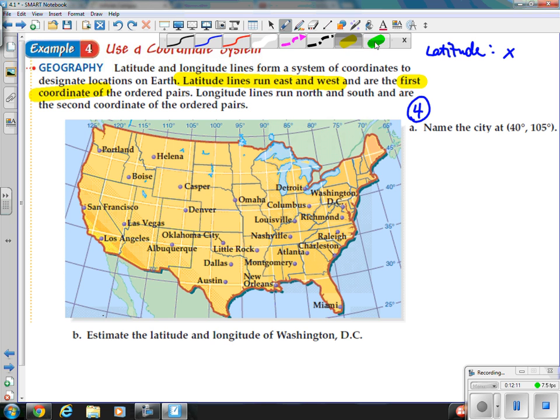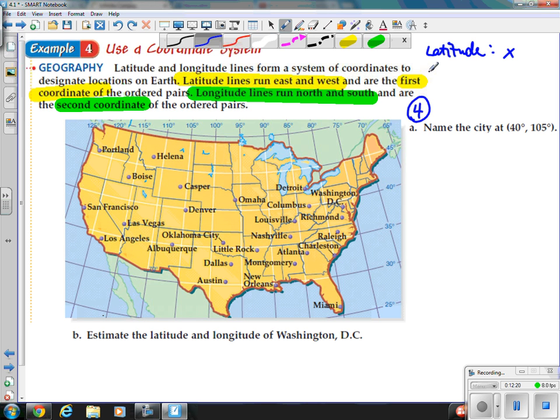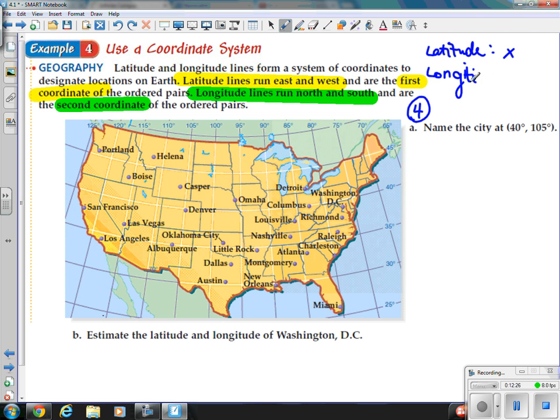Alright, then our longitude runs north to south. So north and south are up and down, and it's the second coordinate just like our y value. So longitude is our y, like our y-axis. There we go. So once we've picked out which one is which, part A says name the city at 40 degrees and 105 degrees.